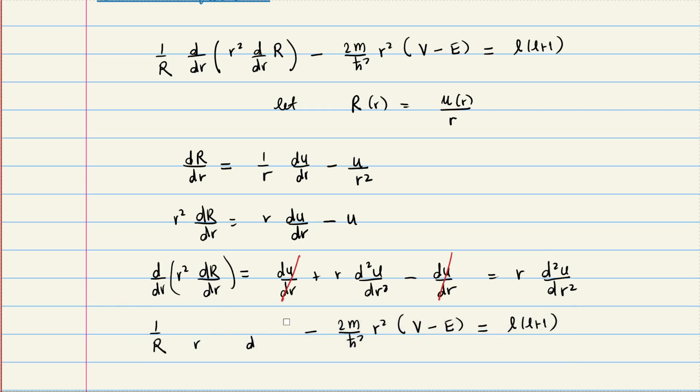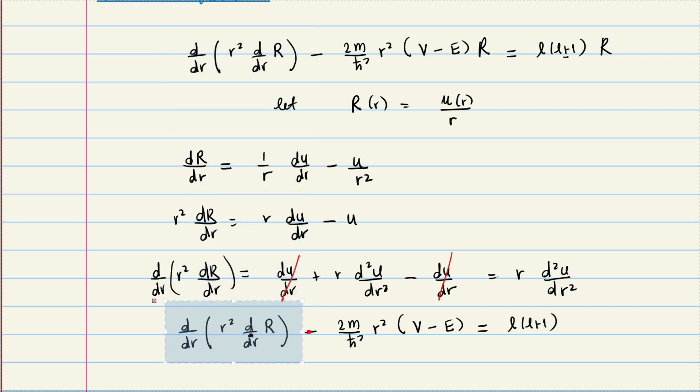So I have this piece calculated. Let me also rewrite this. So this thing is, let me just rewrite. So this is R equal to u over r. Now I calculated this thing, so I can erase this and write this thing.